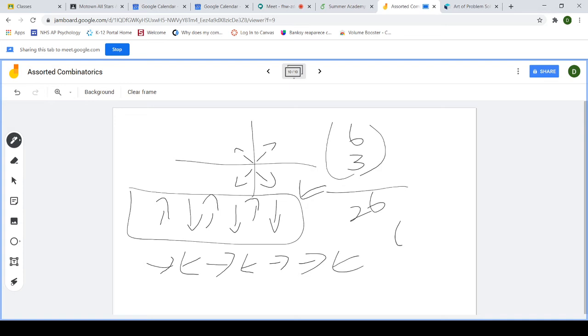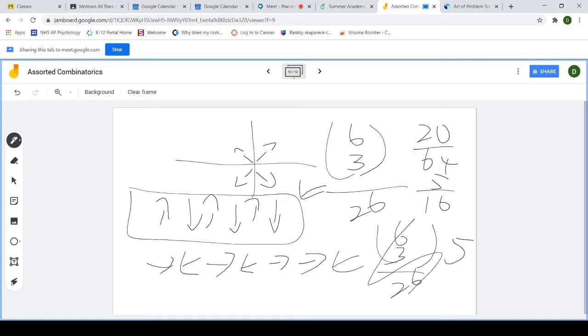Same thing for this. So these are the probabilities that each one of these cancels out. 6 choose 3 is 20, so that's 20 over 64, which is 5 over 16.